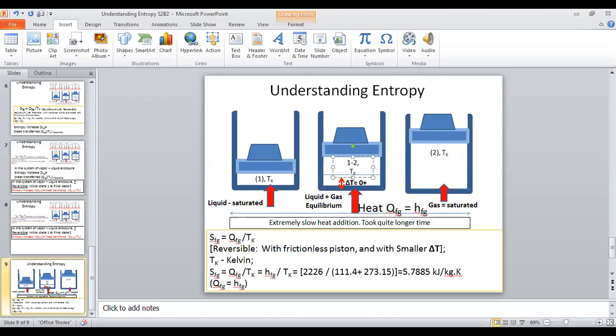This represents 1 to 2. Very nice. Heat applied Q1 to 2.